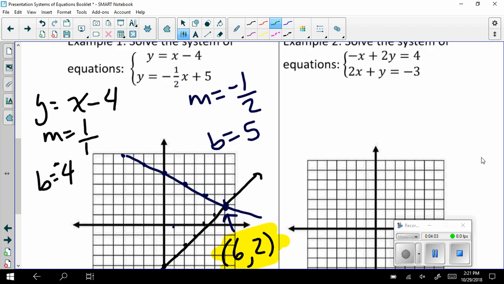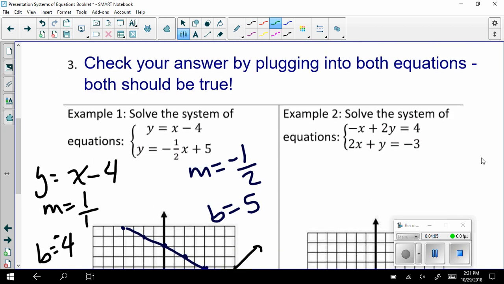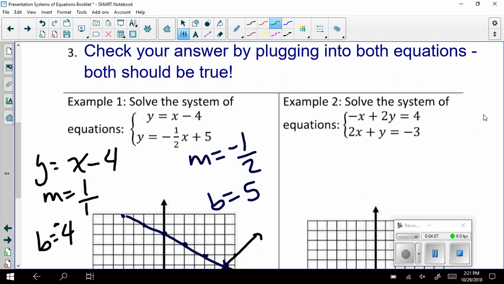Taking a look at example 2. In example 2, these are both in standard form. So I'm going to need to find my x and my y intercept for each of them. So for the first one, negative x plus 2y equals 4. To find my x-intercept, I'm going to let y equal 0.